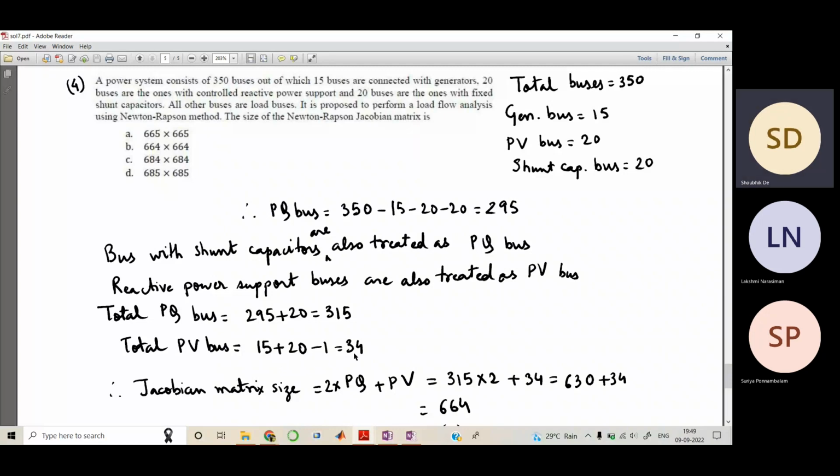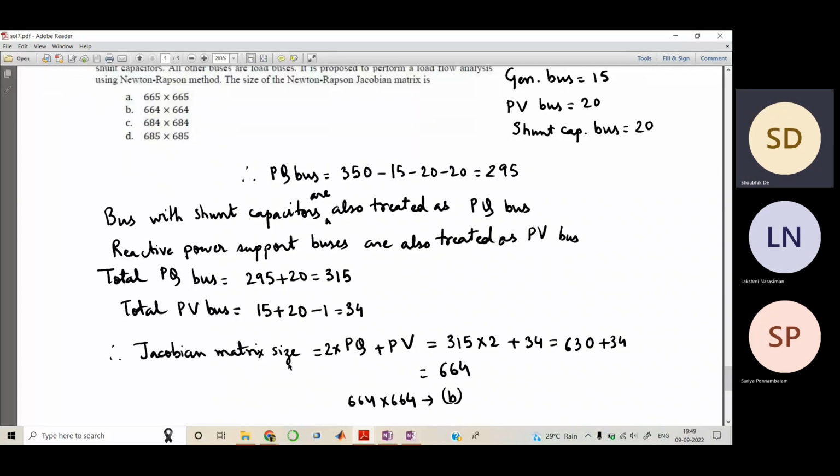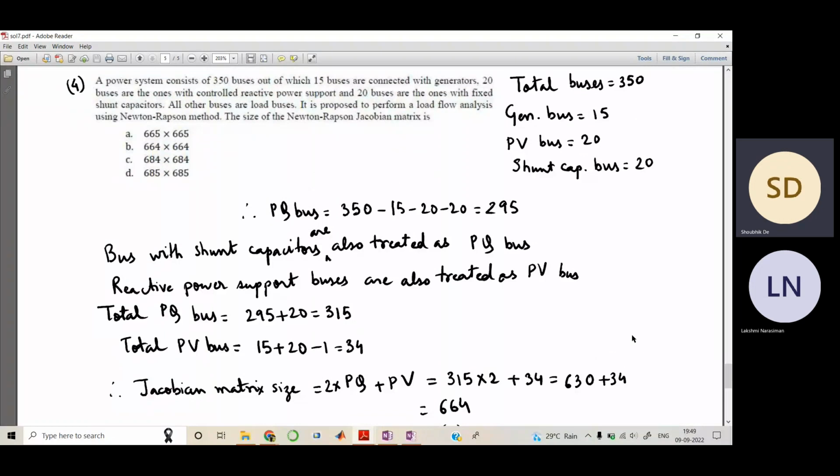So this comes out to be 34. Therefore, the size of the Jacobian matrix, by the fixed formula, is twice the PQ load buses, which is your option B. I hope this was clear. Pretty simple problem provided you know all of this.